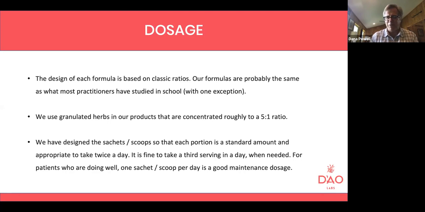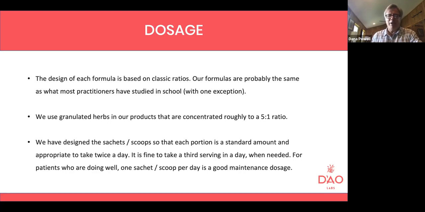So if you've got a patient who's really struggling with digestive issues and is having a particularly bad day, you're fine to recommend that they take up to 3 sachets of, say, digestive harmony. That's really getting to the upper end of it, and for your larger, heavier-built patients, you might even encourage them to stick with 3 servings a day over a period of time, as needed.